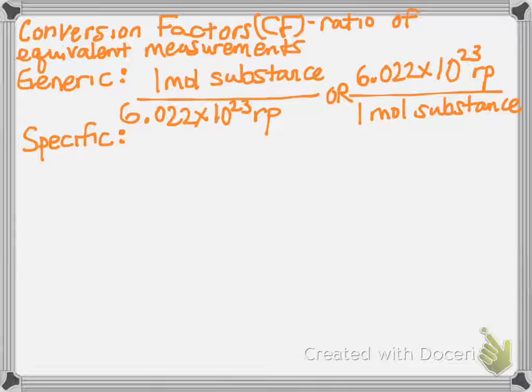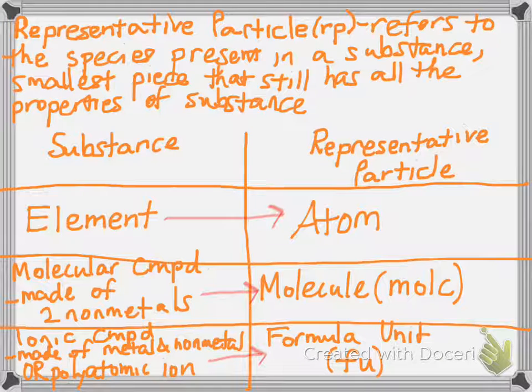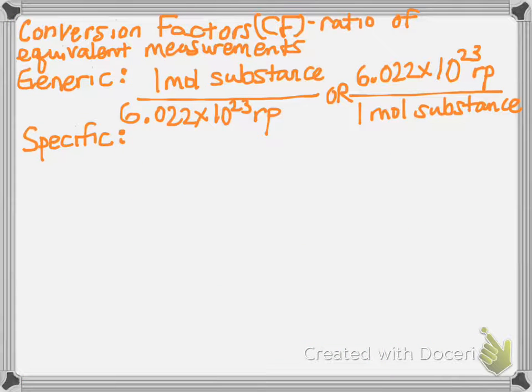And by specific, I mean going back to this chart here, specific for these 3 different kinds of substances. I'm not going to write these both ways, just one way or the other.